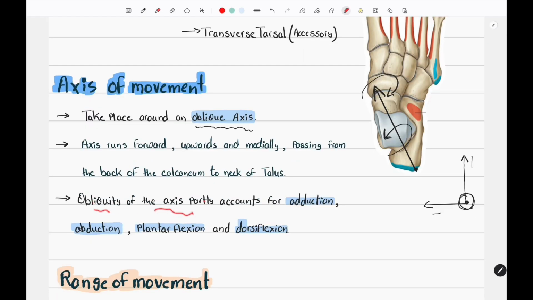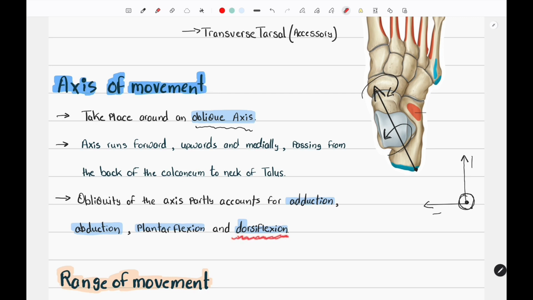Obliquity of the axis partly accounts for adduction, abduction, plantar flexion and dorsiflexion of the foot. The point to remember in movement is that inversion is accompanied by plantar flexion and eversion is accompanied by dorsiflexion.